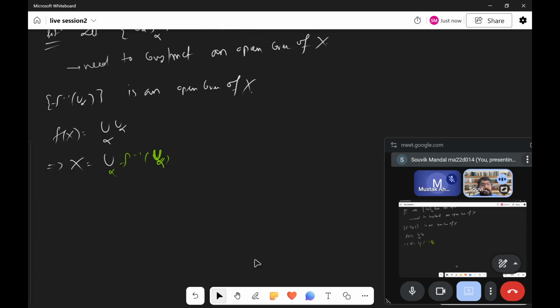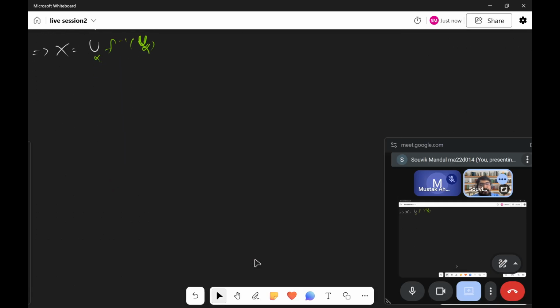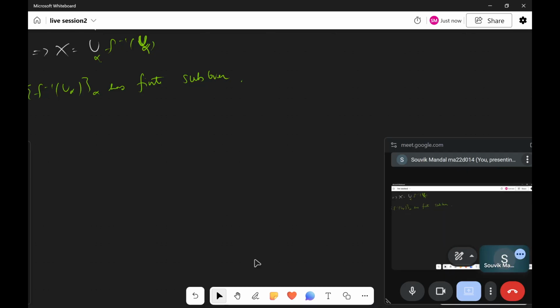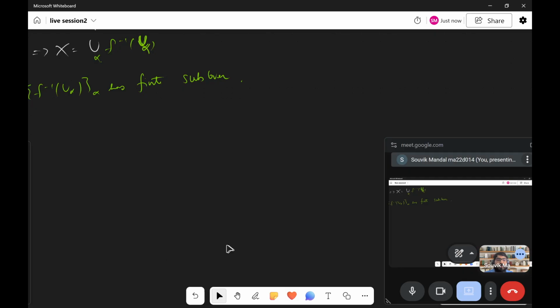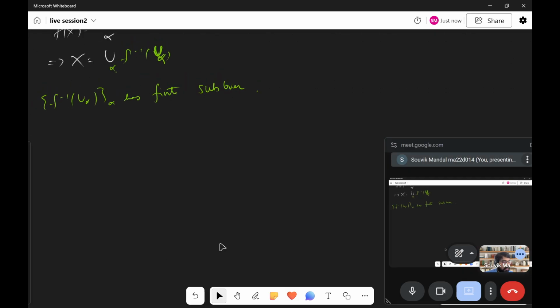Now, X is given to be compact. So that means this open cover f inverse U_alpha has a finite subcover, correct? Call it f inverse U_alpha_i, i equal to 1 to n.